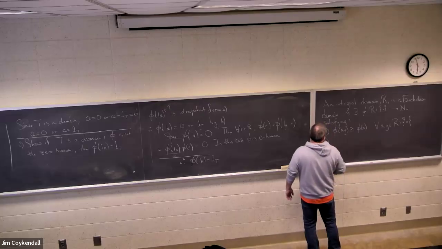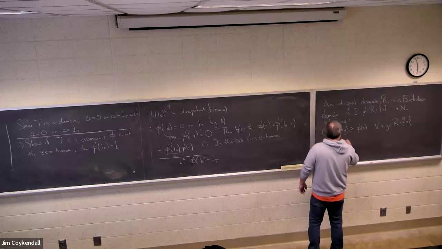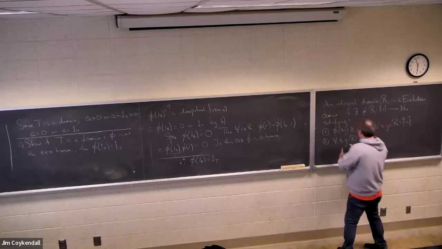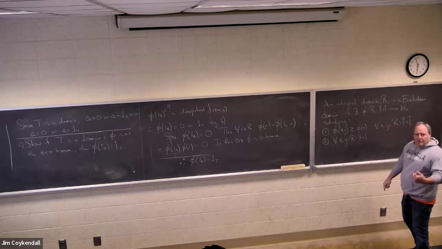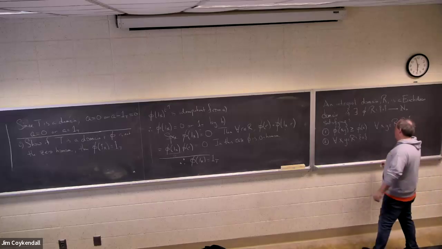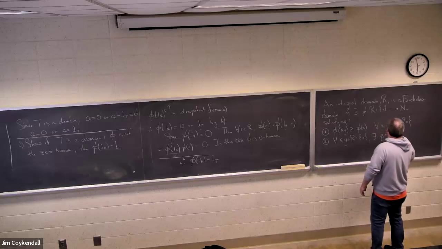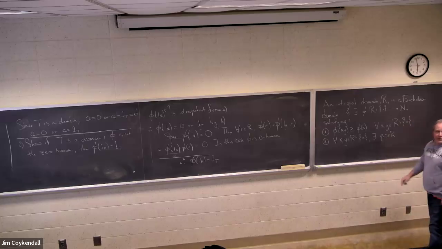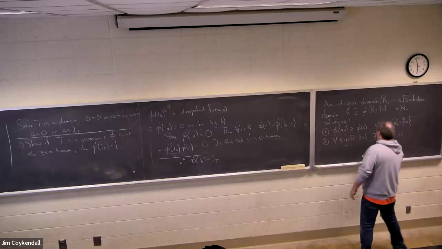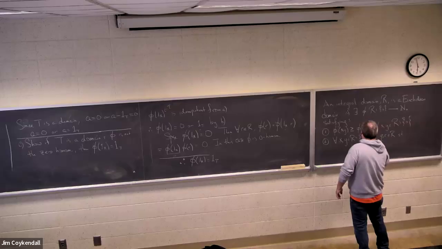And two, for all x, y in R with x non-zero, if you pick any two elements, you can divide y by x and get a remainder. There exist q and r in R, which could possibly be zero, such that y is equal to qx plus r.